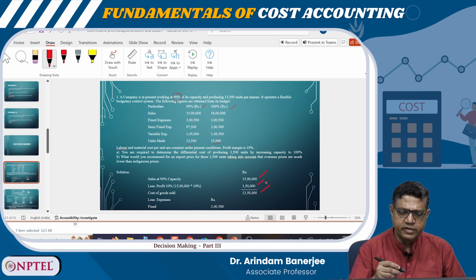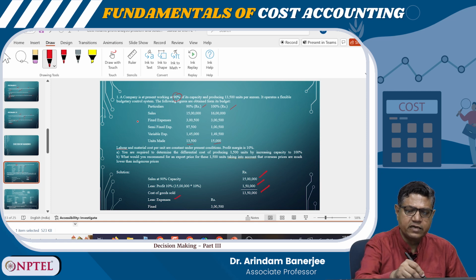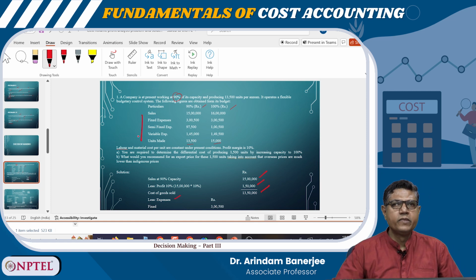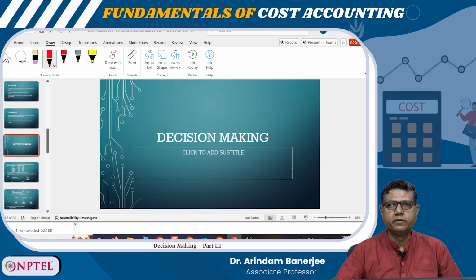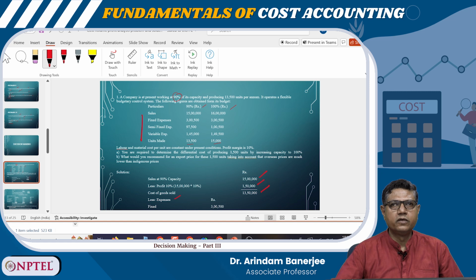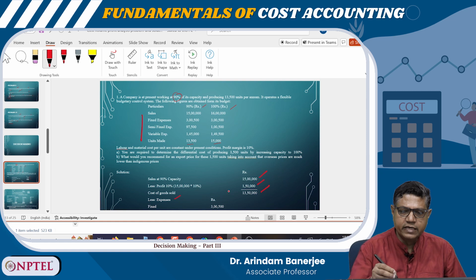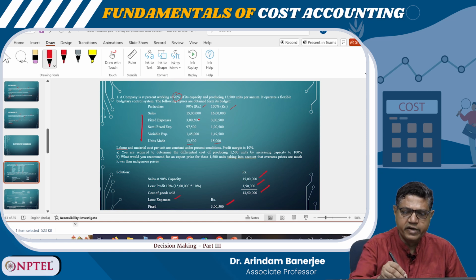Now, I can deduct the expenses. These expenses are given here. If I deduct the expenses, it will look like this. You see, the fixed cost is given as 3 lakh 500 here.